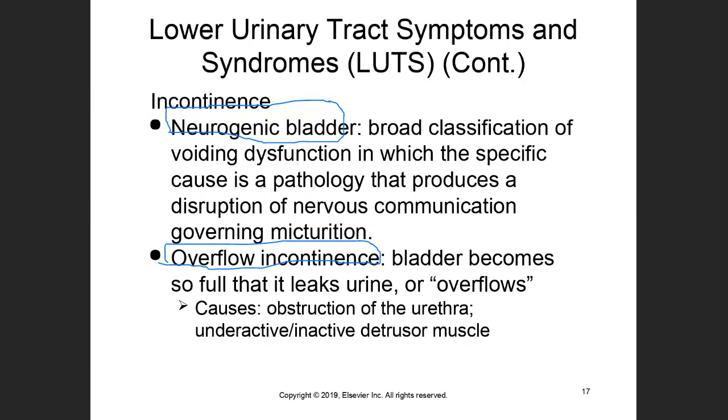Why? Because the communication between the bladder and the brain has some obstructions. So the bladder can't send the signal to the brain that it is full, to cause the detrusor muscle contraction, and what happens is that the bladder gets full, and when it can't hold any more urine, they leak a little bit.